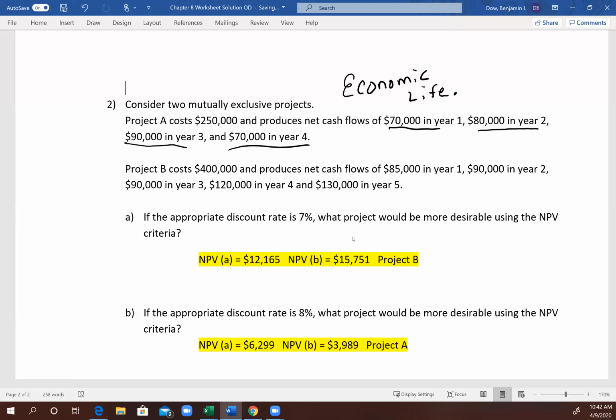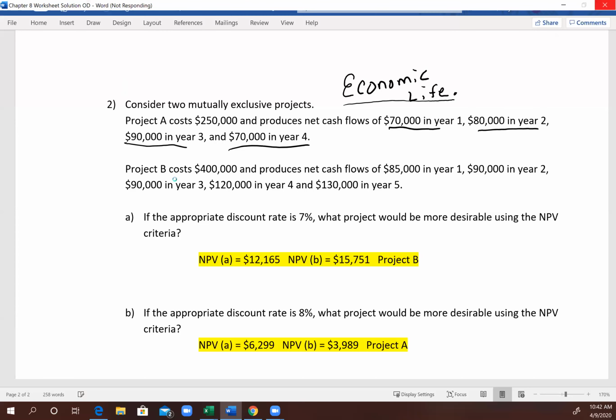So we give things an economic life based upon history. Sometimes it'll last longer, and that's good. Sometimes it gets cut shorter. That's bad. But that's why we discount things at an interest rate to account for the risk. So we look at Project A, it's got a 4-year economic life.